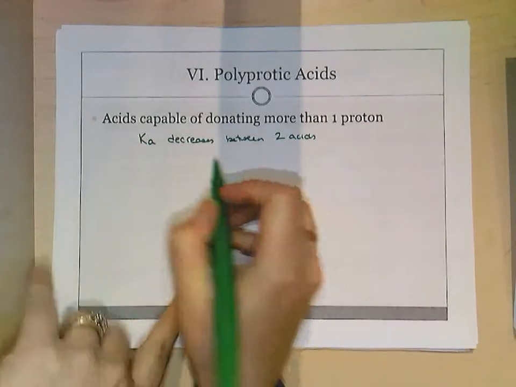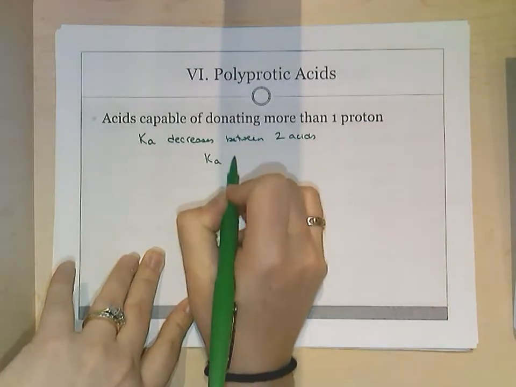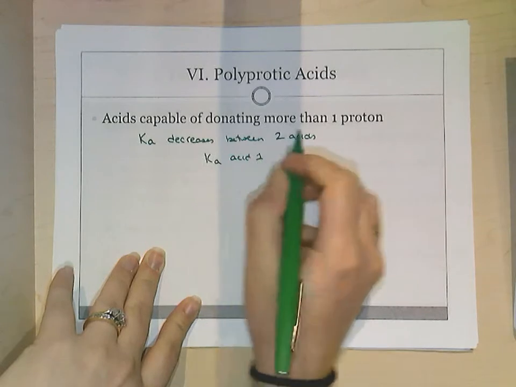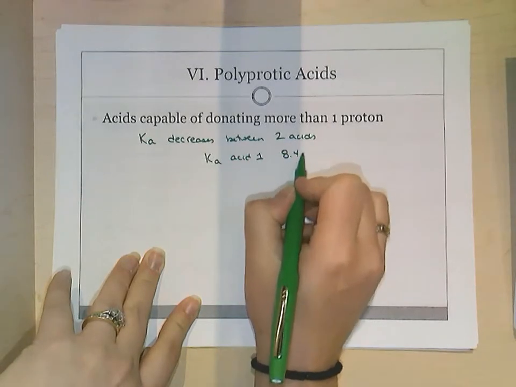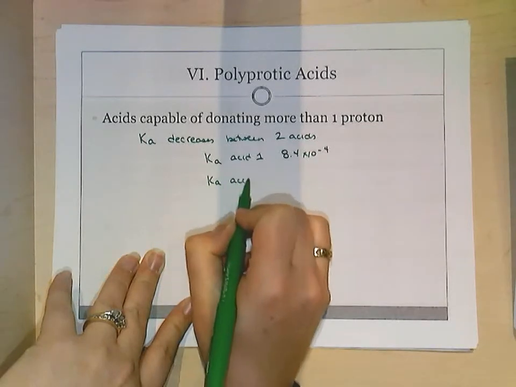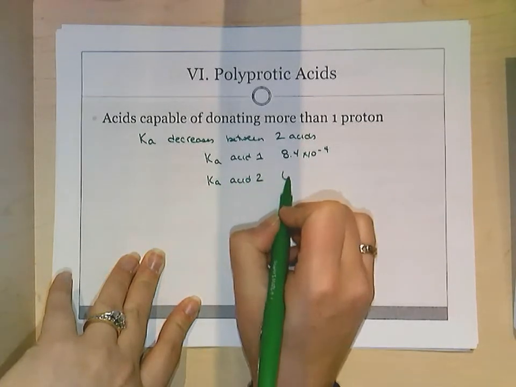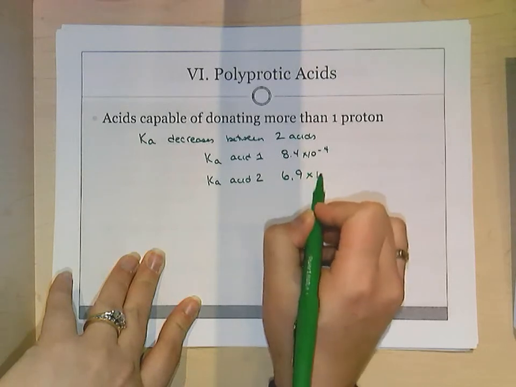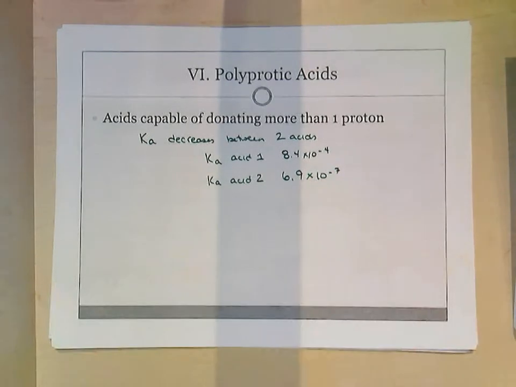Let's see, if I have a Ka of acid 1 and a Ka of acid 2, which one of those two Kas is the stronger acid? 1 or 2? How do we know? What are we trying to get to?